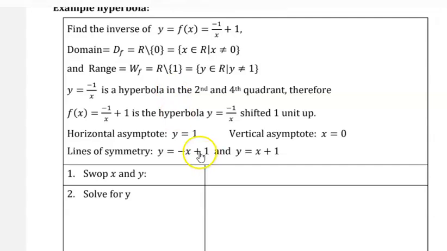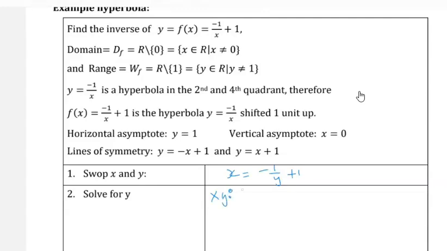And it has lines of symmetry. We say minus x and plus x, but because we shifted it 1 up, we just add 1 to the lines of symmetry, because the lines of symmetry shift up with the graph. So if we swap x and y, then we get x is equal to minus 1 over y plus 1. If I now solve for y, I must multiply by y on both sides.